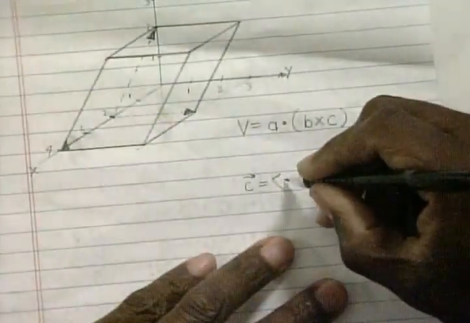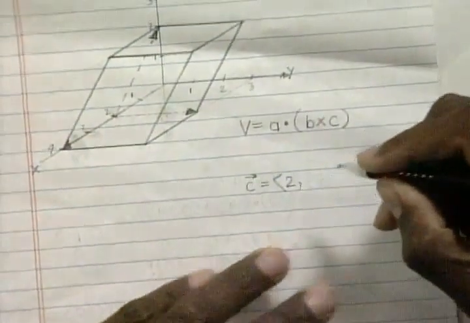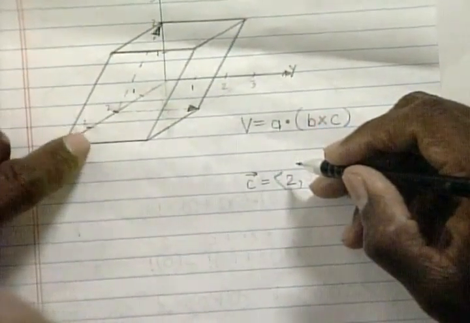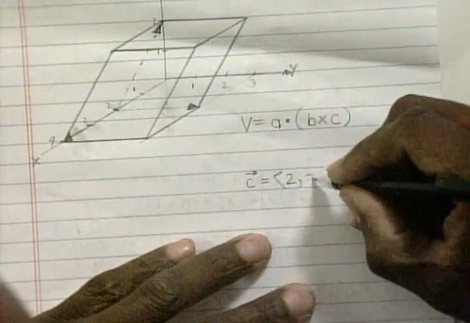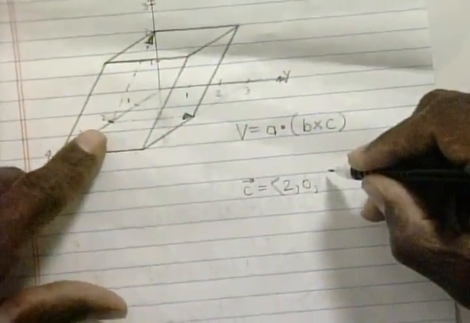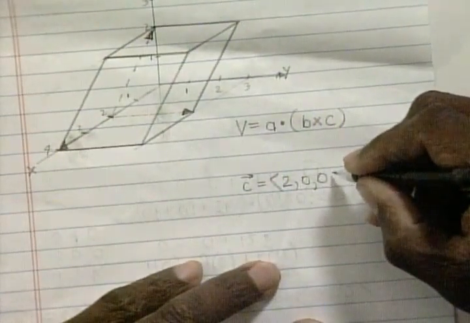You travel 2 in the x direction, that's this vector right here, and you are traveling 0 in the y, it's not going up or down at all. You're traveling 0 in the z direction.